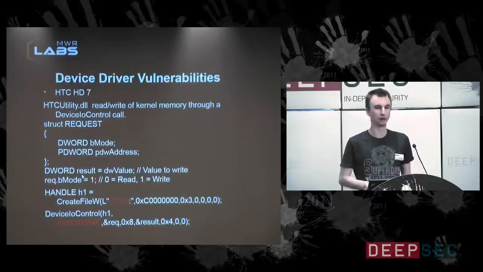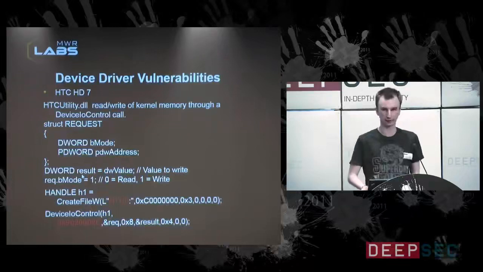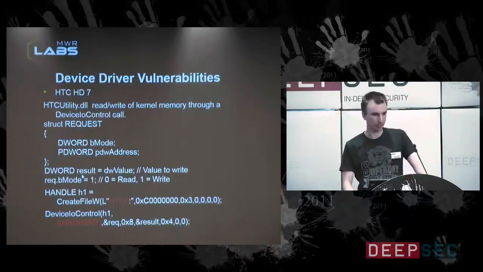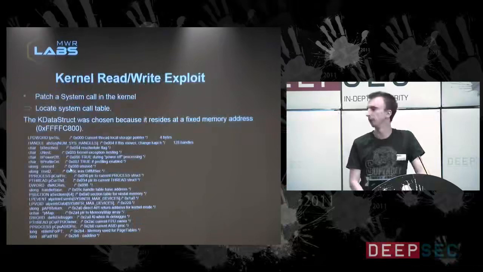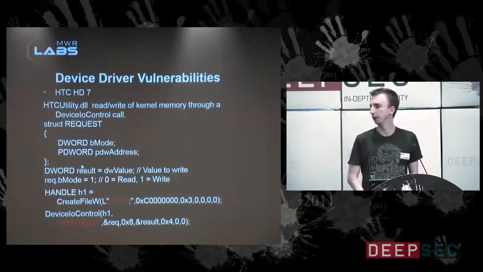So if you've got arbitrary read and arbitrary write access to kernel memory, then there's a high chance that you can get code execution in the context of the kernel as well and bypass the protections implemented in the trusted computing base.